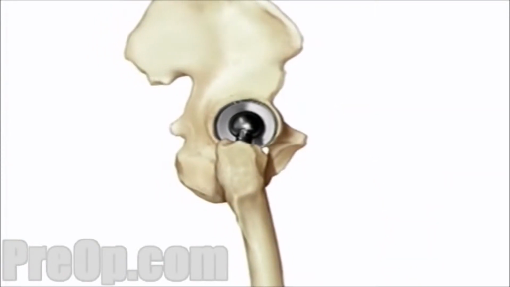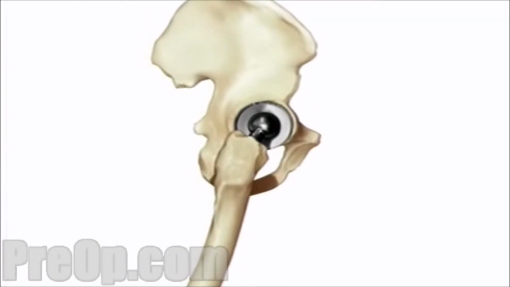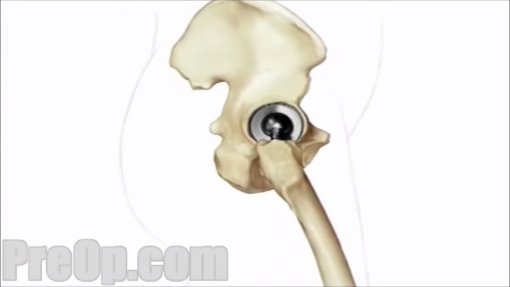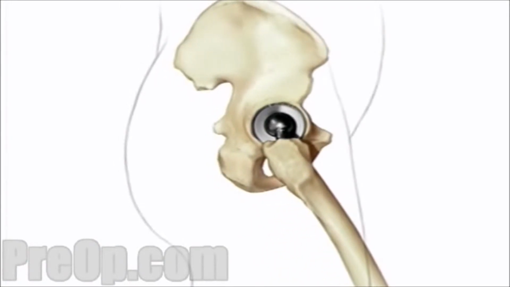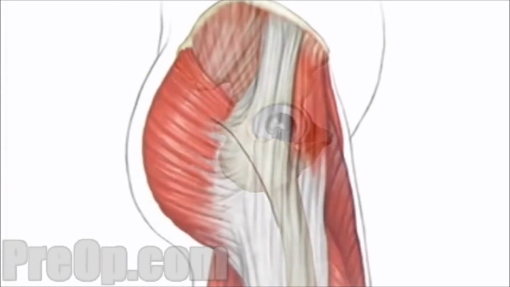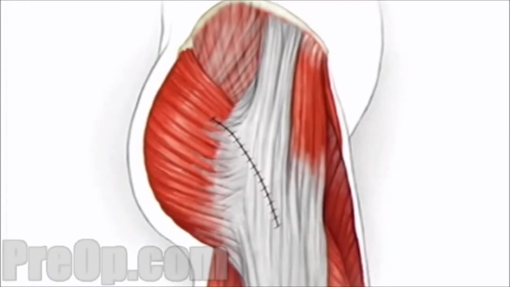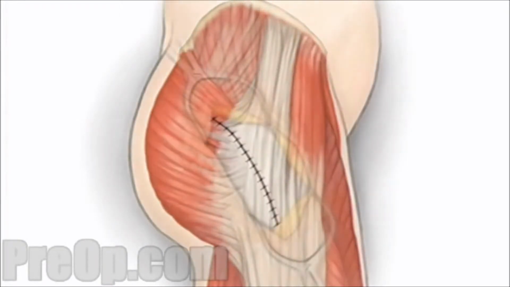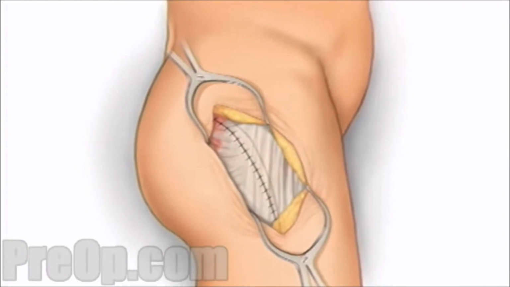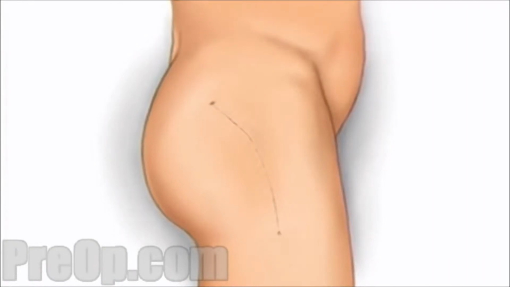The team carefully checks to make sure that it fits and allows the full range of normal motion. Muscle and other tissues are closed over the joint using dissolvable stitches. A temporary draining tube may be added. Finally, the skin is closed with sutures and protected with sterilized strips.